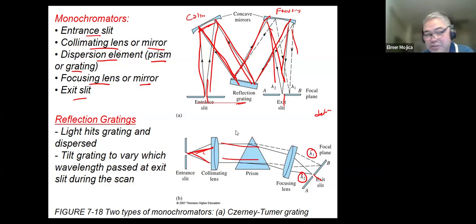So both of them can be used for spectral analysis. They differ in the design, the spectral resolution, flexibility, and cost. So which do you think is more simple? Which do you think is cheaper between the two?